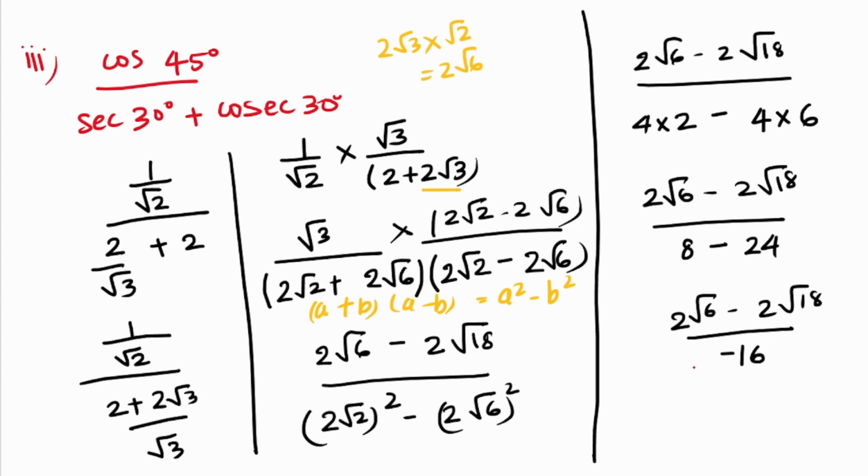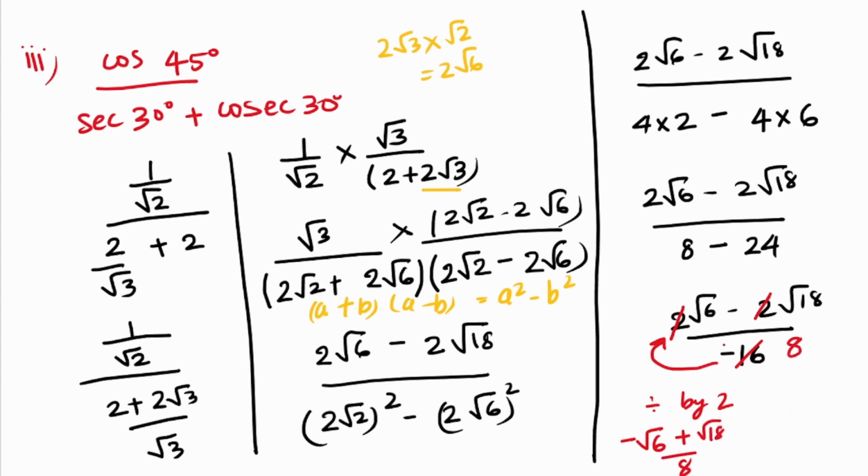We'll just make a small arrangement over here. We'll take this minus sign to the numerator and we will divide this 2. We have 2 and 2 common in the numerator, right? We'll divide this 2, we'll divide this 2, and we'll divide the 16 by 2 also. We are dividing it completely by 2. Since we're taking this minus sign to the numerator also, what you're going to get is minus root 6 plus root 18 divided by 8.